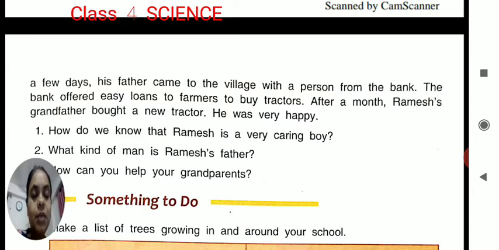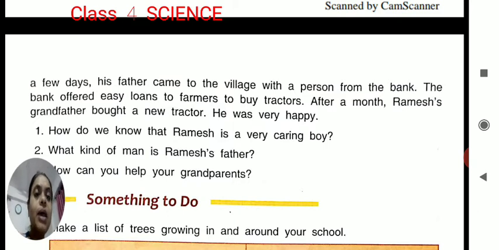Ramesh was a very caring boy because when he saw that his grandfather was working in the field with the help of bullocks, he felt very sad, and that's why he told this problem to his father. And then his father managed a loan from the bank, and then they were able to buy a tractor from that loan, and in this way this shows that Ramesh was a very caring boy.